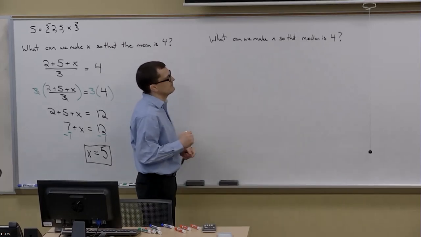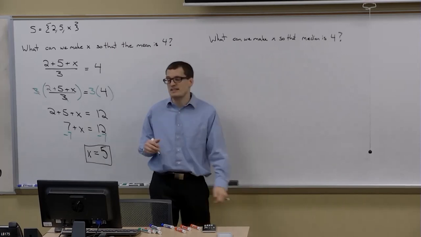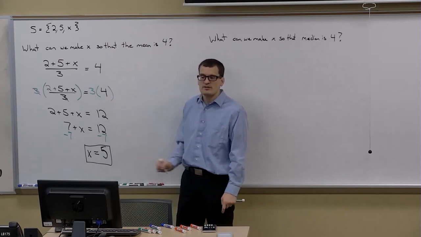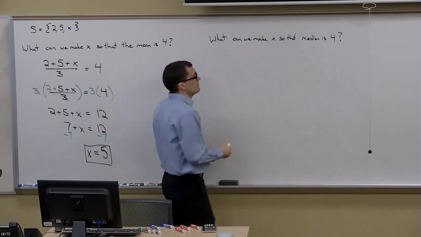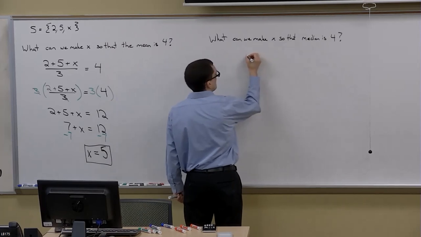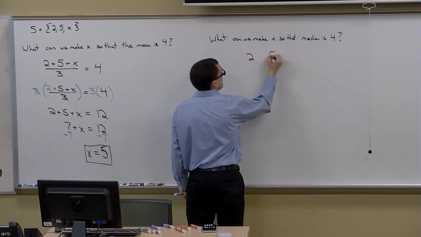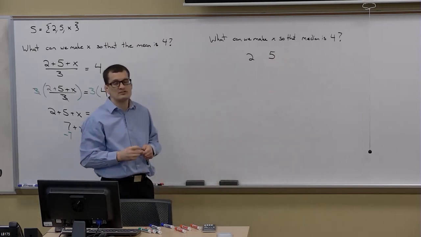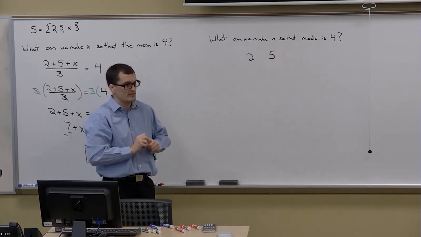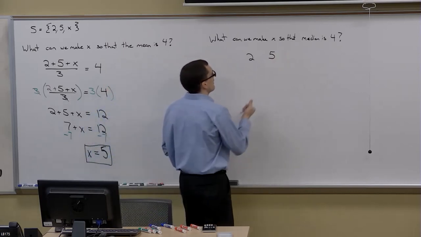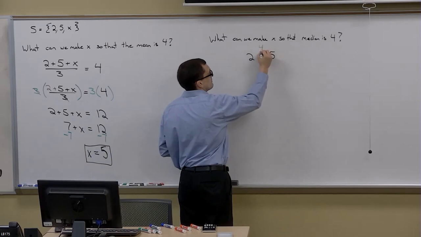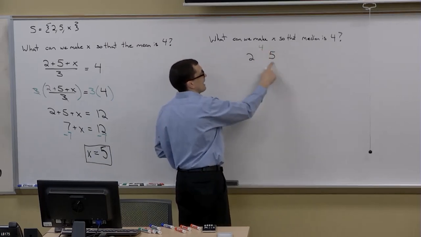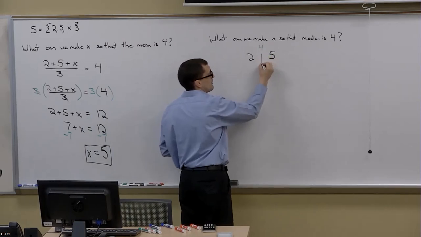Now let's take a look at the median. Now the median is not a nice equation calculation. The median we find through more logical assumptions. If I want the median to be 4, and I already have the numbers 2 and 5, well, I know that 4 is in the middle. In order to have a median of 4, I need the 4 to be the middle number.